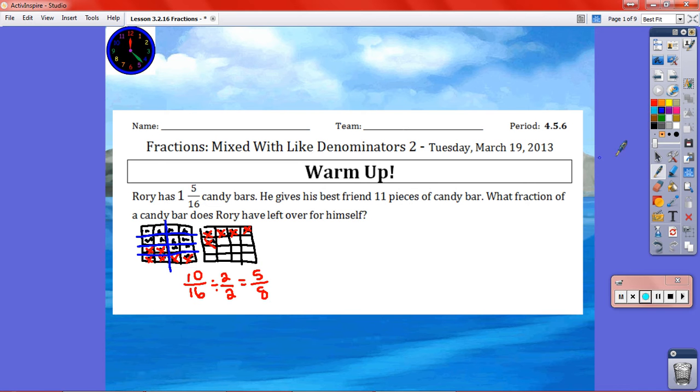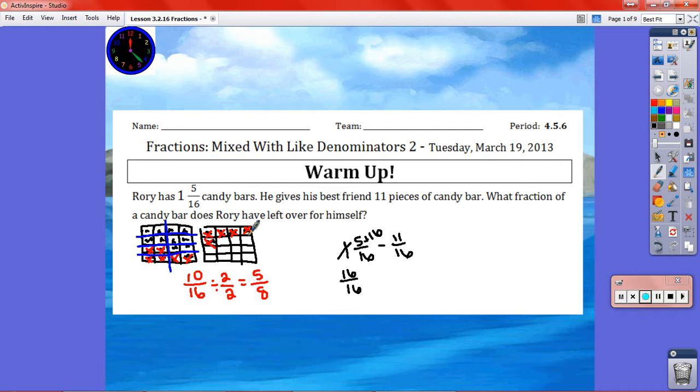And let's also show this with numbers. So we have 1 and 5/16 minus 11/16. But we can't take 11 away from 5. So what we end up having to do is borrow. So 1 is the same as 16 out of 16. So we're adding 16 pieces.